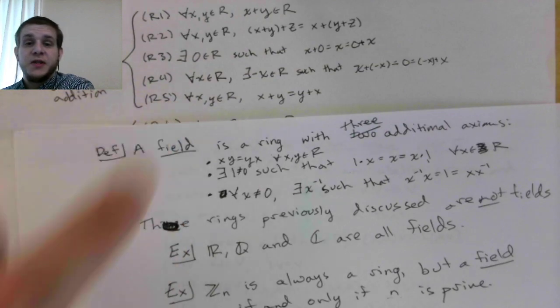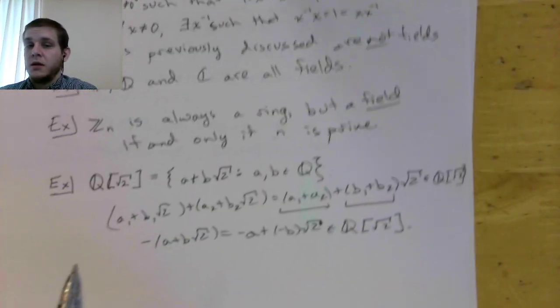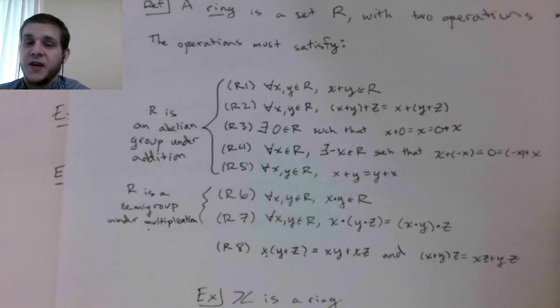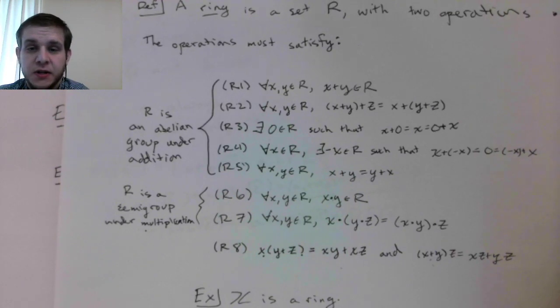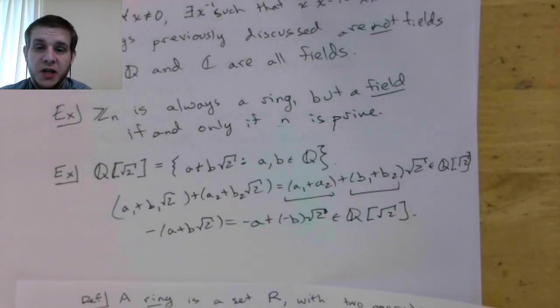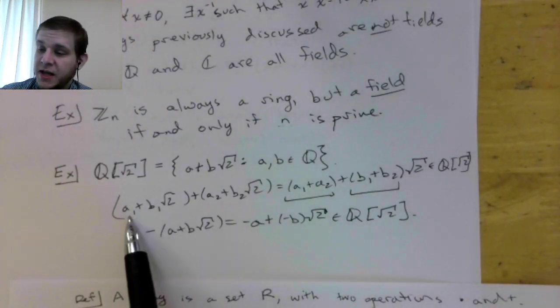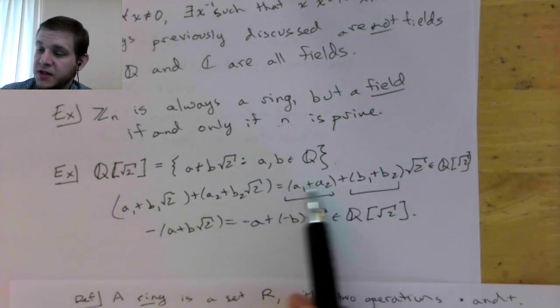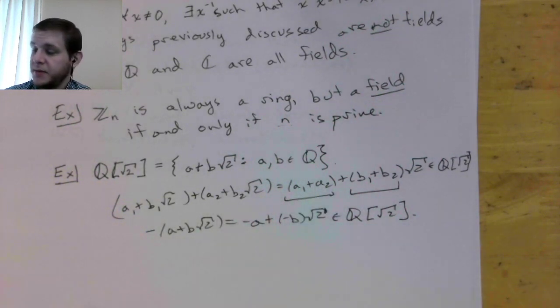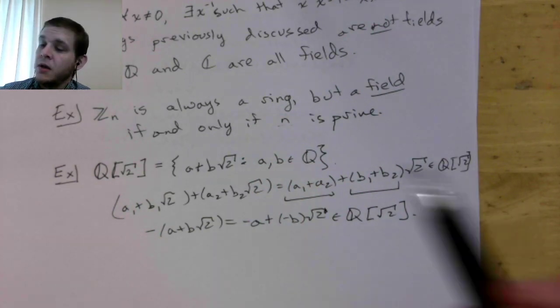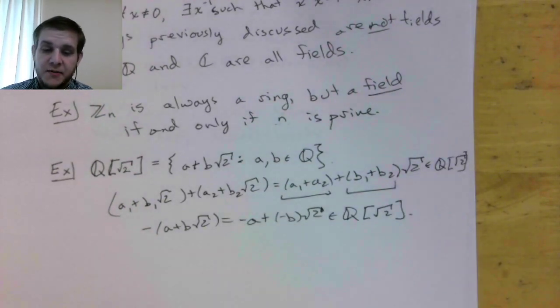The abelianness of addition just comes from the fact that when I add two things in the real numbers, they commute. So if I add a1 plus a2, this is the same as a2 plus a1. Right? It doesn't matter the order in which I add things. So the addition stuff, everything is fine.